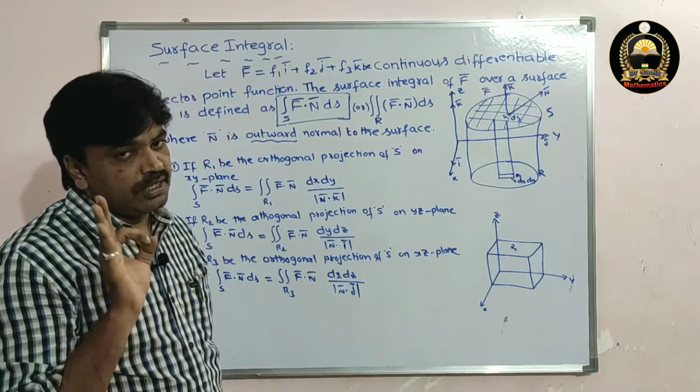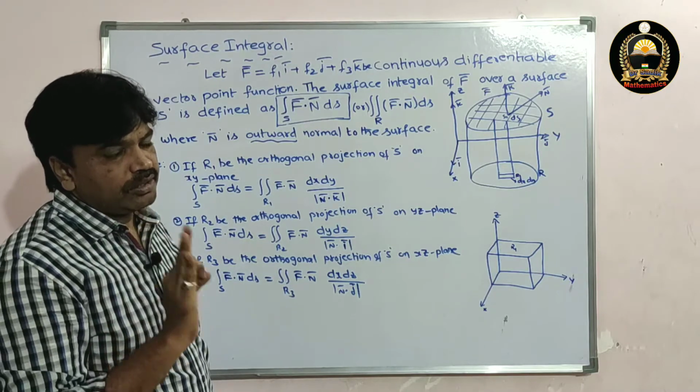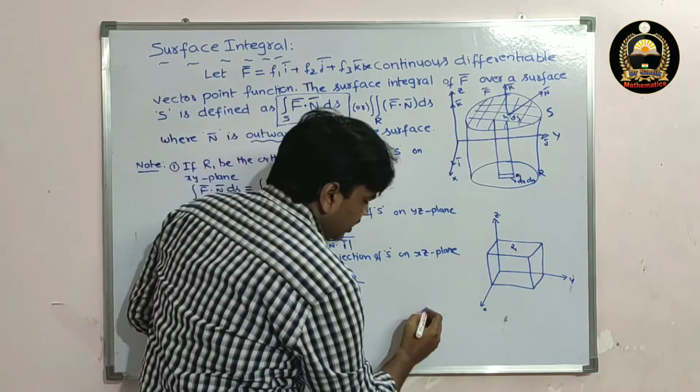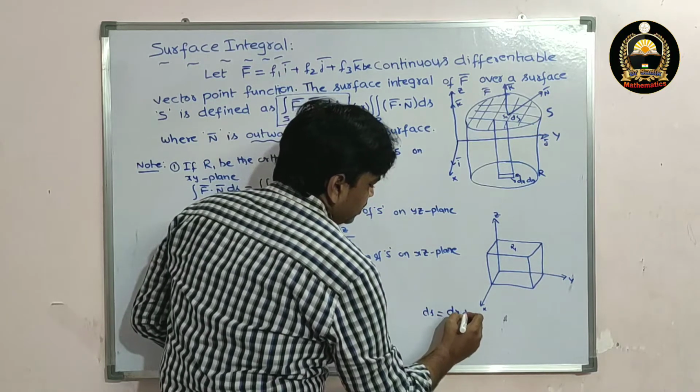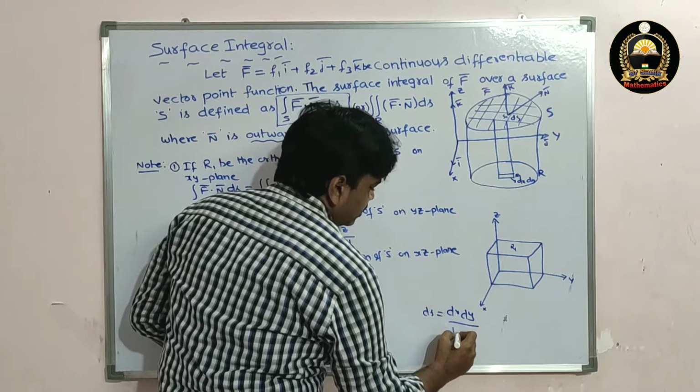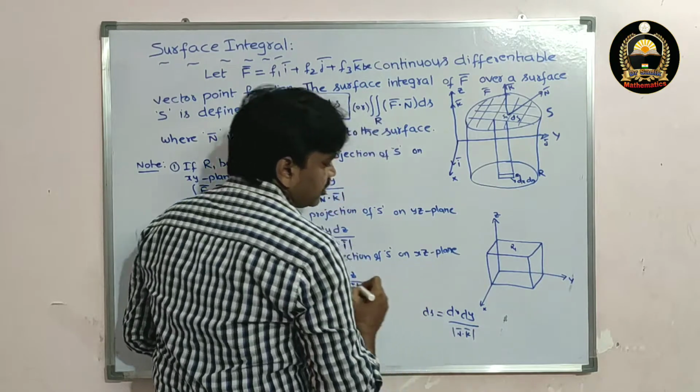That means in place of ds we have dx dy by modulus n bar dot k bar.